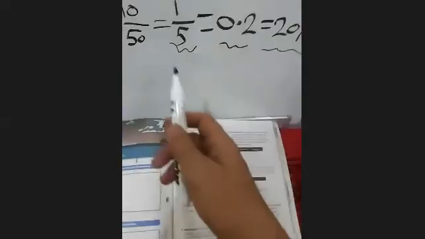So which ones apply here? The first one applies, 0.2. The second one, 1/5, applies. And the last one, 20%, applies. So we have three answers selected here: 1/5, 0.2, and 20%. The others are not.